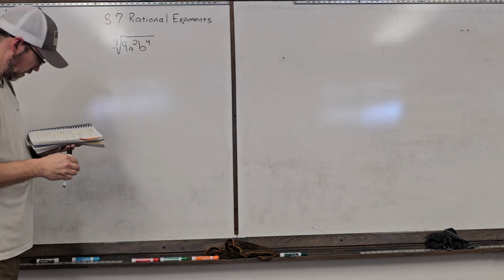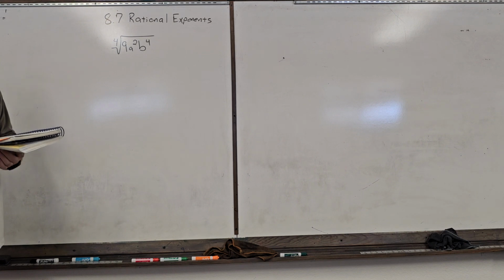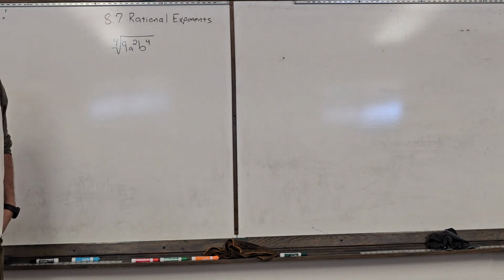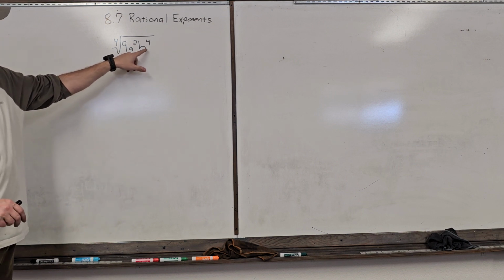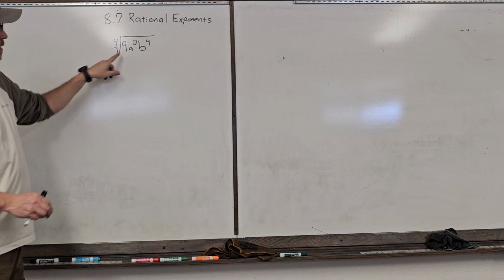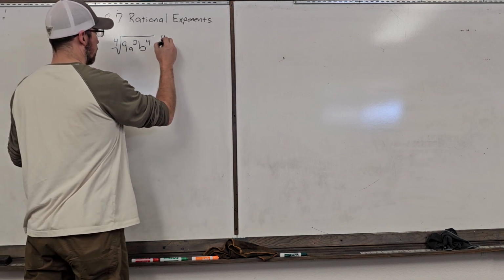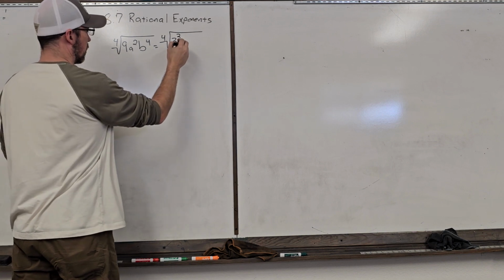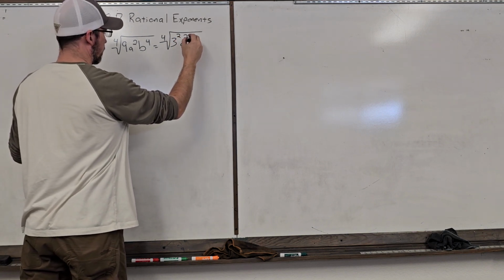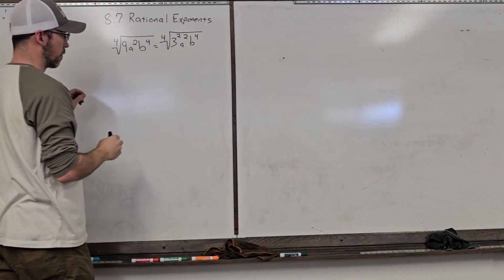And all the directions say is simplify the radical expression. My first step is always, can I change anything to have an exponent? So 9 is the same thing as 3 squared, a squared, b to the 4th.